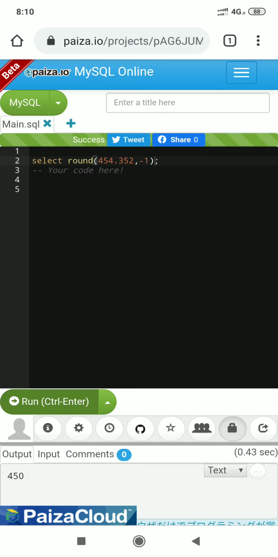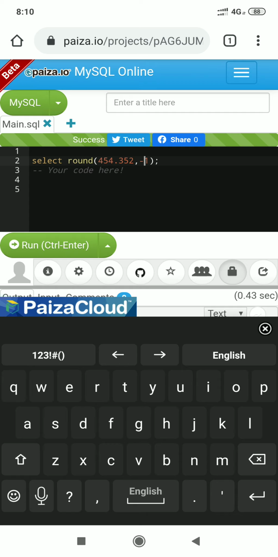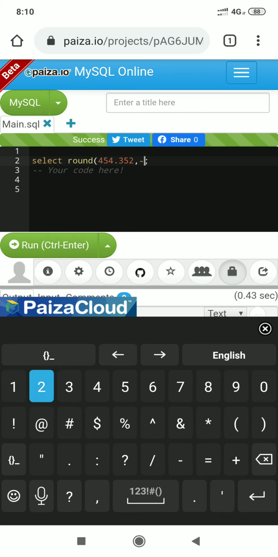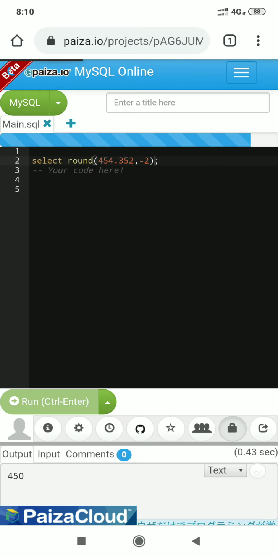Now I write here -2 and execute the query. At -2 it is 4, its right side value is 5. 5 is greater than or equal to 5, that's why the current value should be converted to the next rounding, 5 and 00. Its result will be 500.